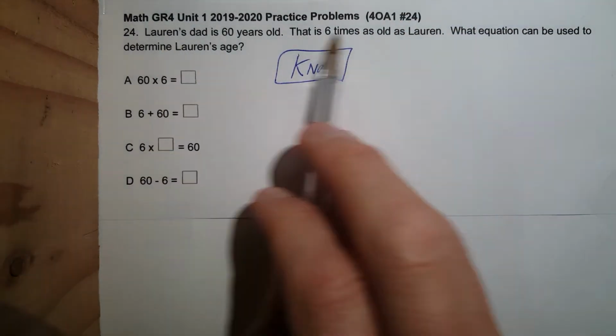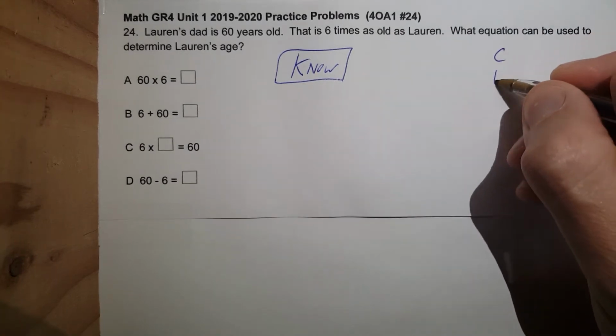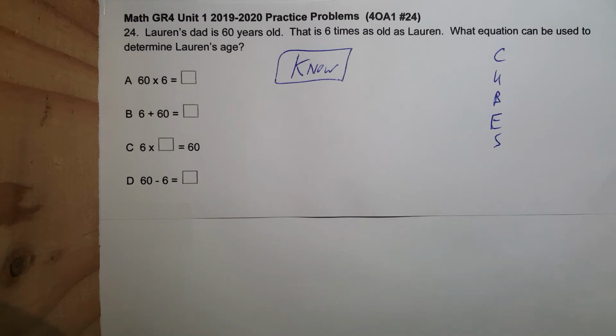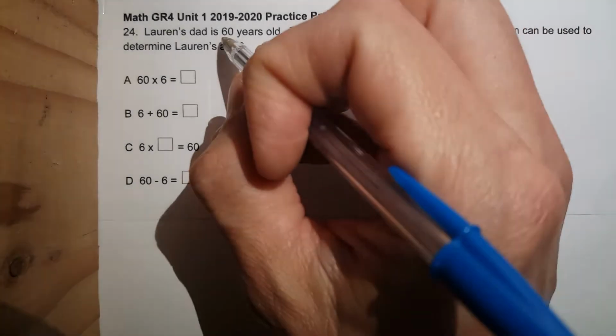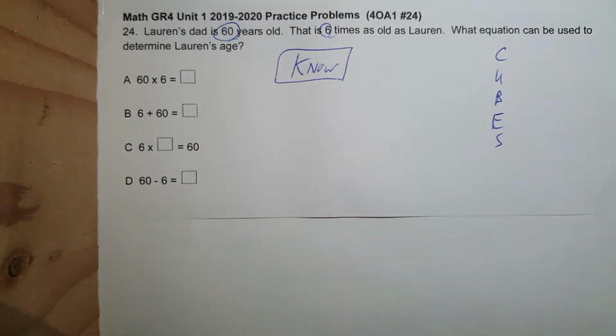Okay. Anytime you see a word problem, yes, there are different strategies known as CUBES that your teachers use. And that works. For instance, the C is circle the numbers. All right. There's only 2 numbers there.